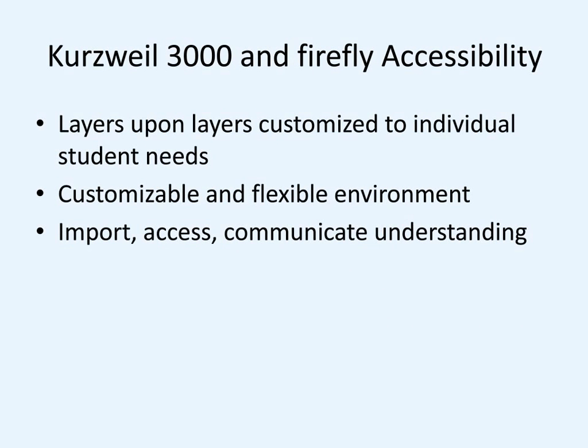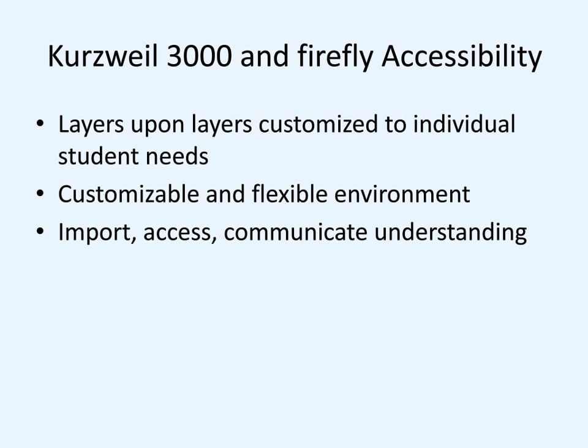So with Kurzweil and Firefly, all within one program, I've got all these layers upon layers of customized accessibility that I can customize to my individual needs. And it's portable. One of the requirements of the 21st century tools, correct? I can just grab a device, and now I have access to it. It's customizable and flexible.